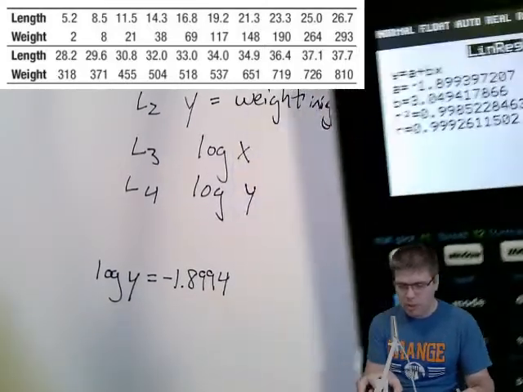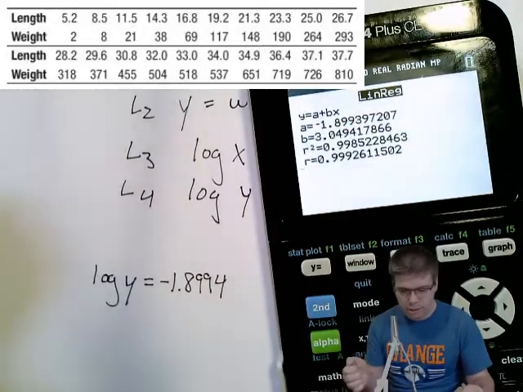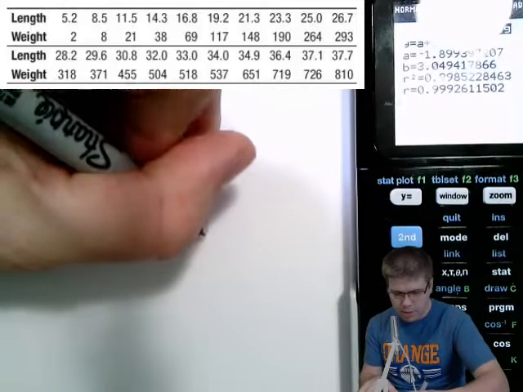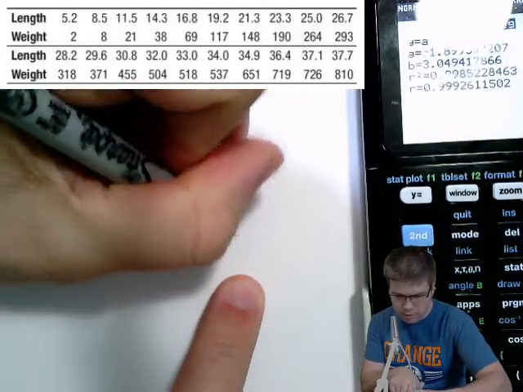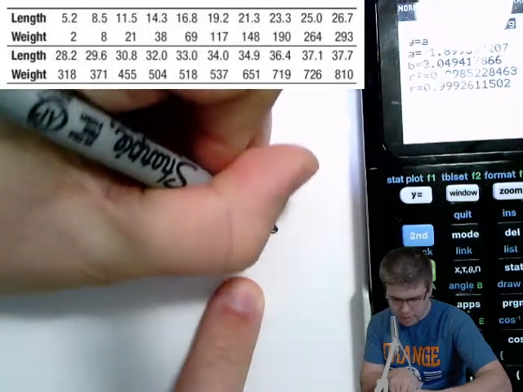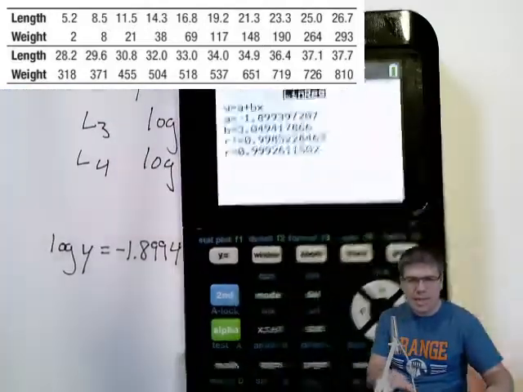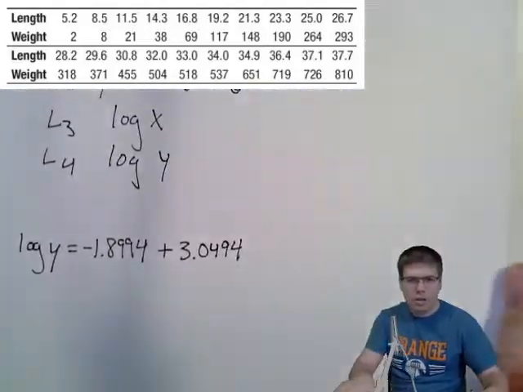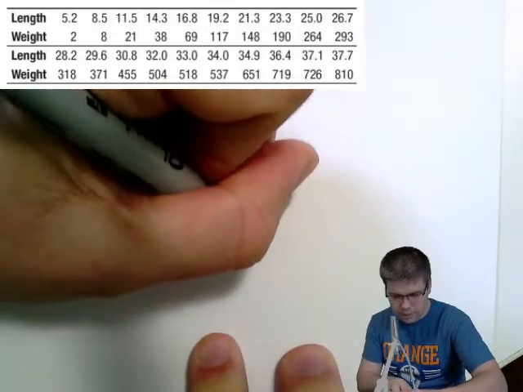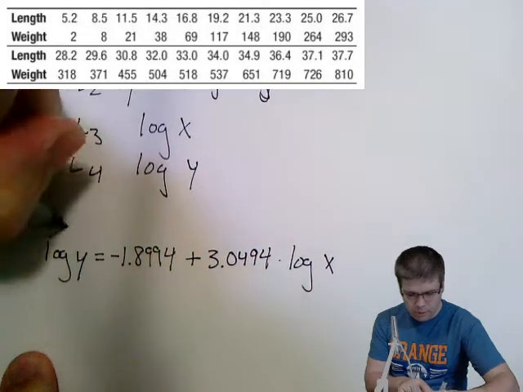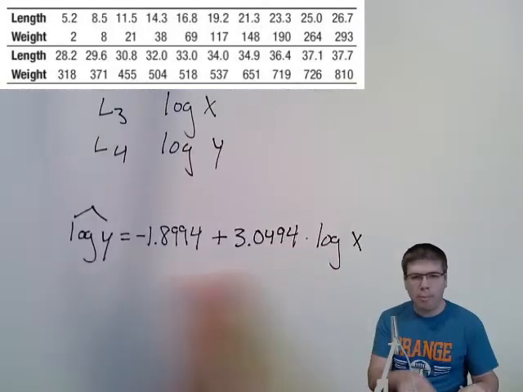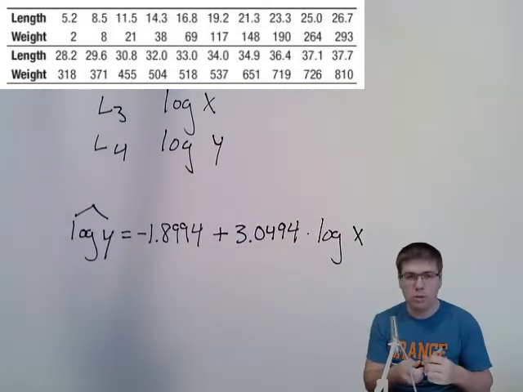You can end up quite a bit off if you round that to just the tenth place or something like that. And then we have plus, and my b is 3.0494. And then it says x, but I know that was actually log x. So that's times log x. And at this point, I'll throw a hat on there.